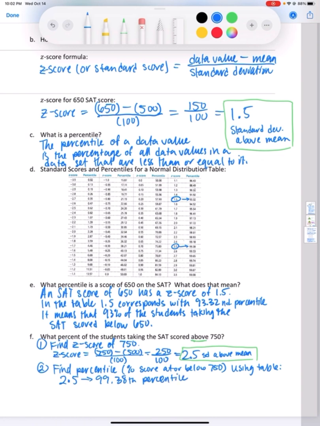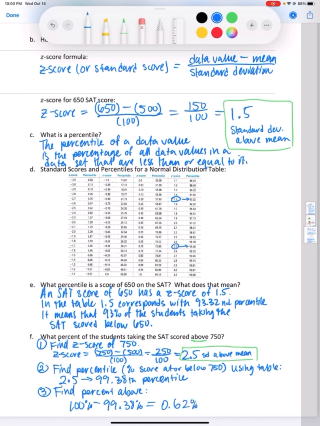The third step was to find the percent above. So we take our 100%, subtract off the 99.38%, and we get 0.62%.